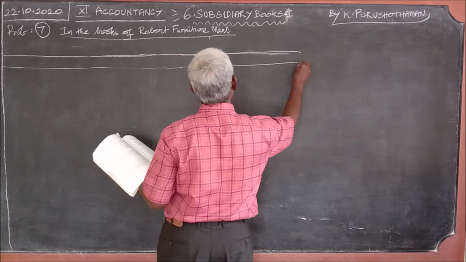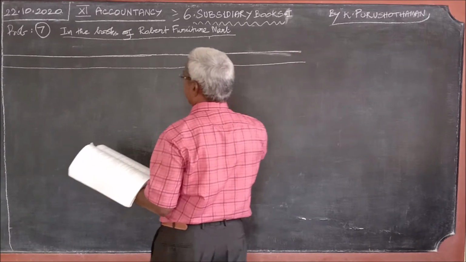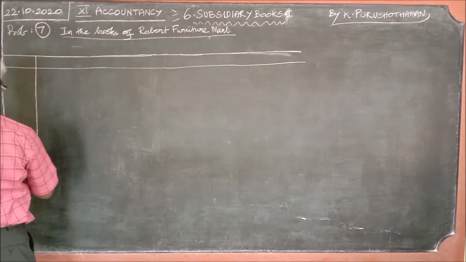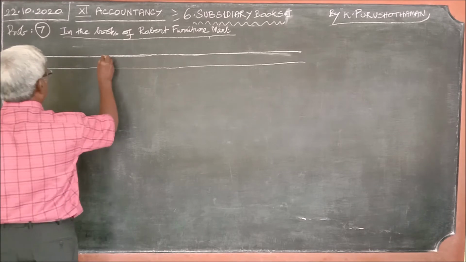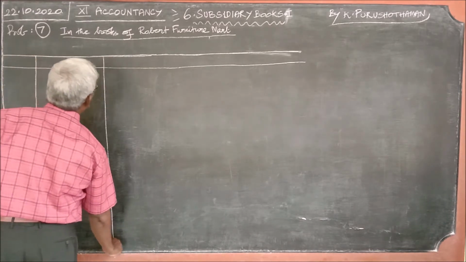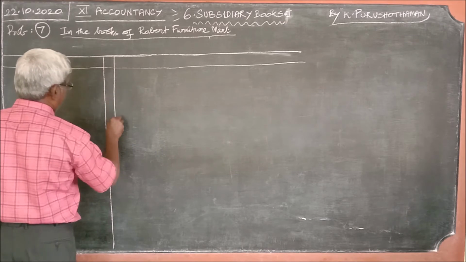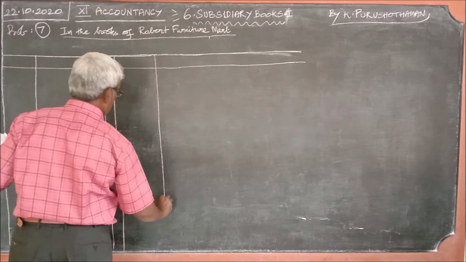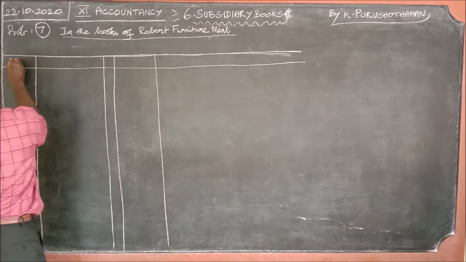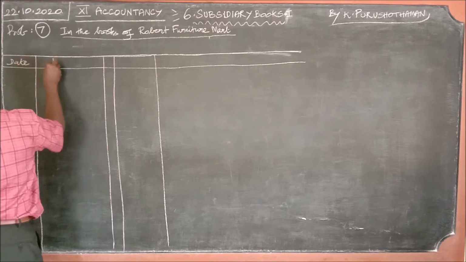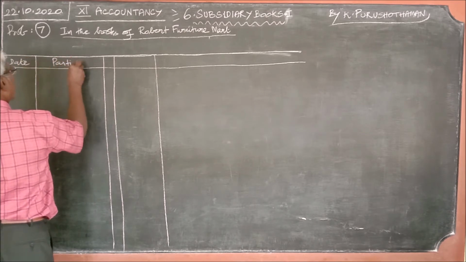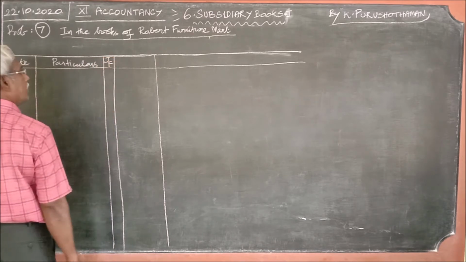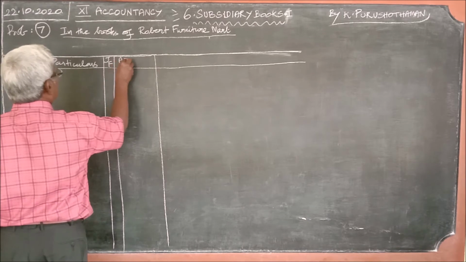I hope you remember the different columns of the ledger: date, particulars, journal folio, and amount rupees. In the ledger, journal folio; in the journal, ledger folio.